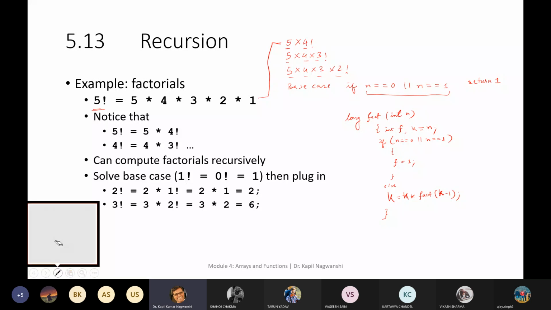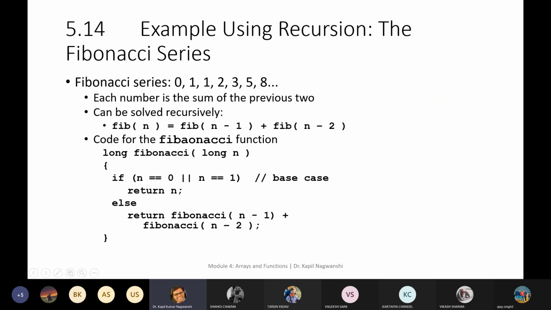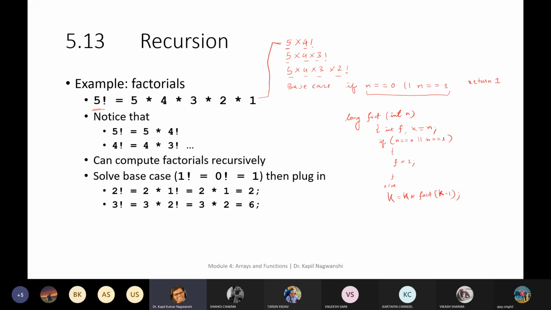it will return what value? But this is not working. Let me show you the case. Okay, correct: n into factorial n minus 1.